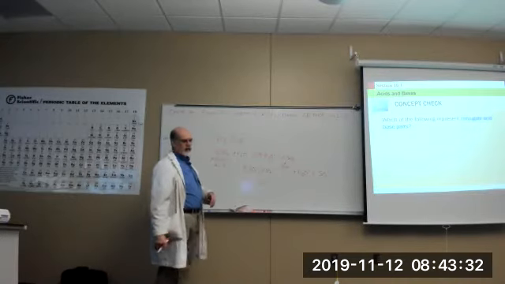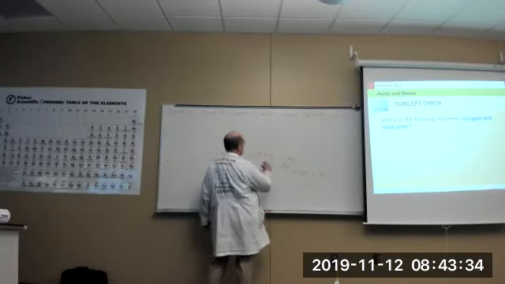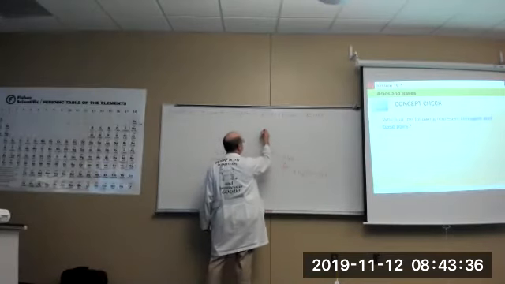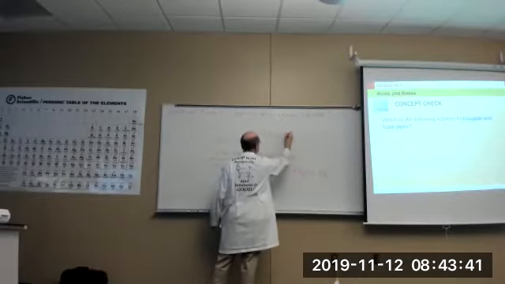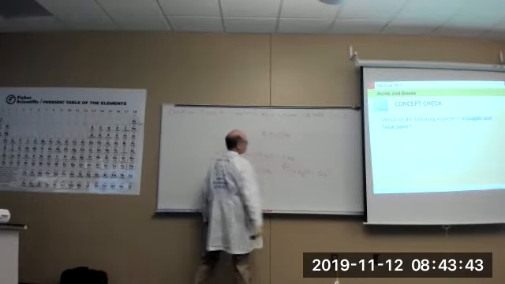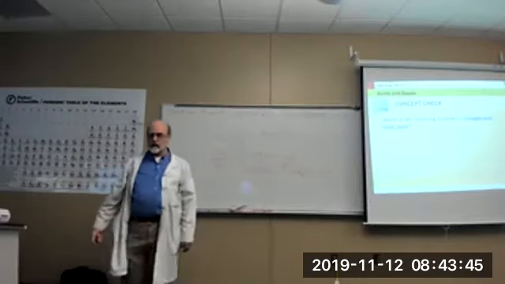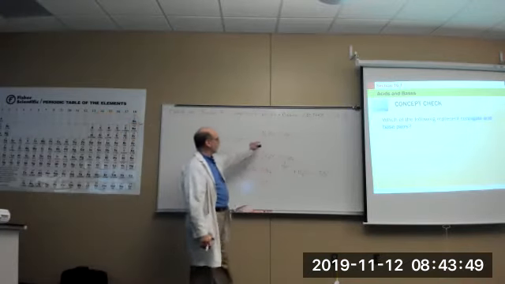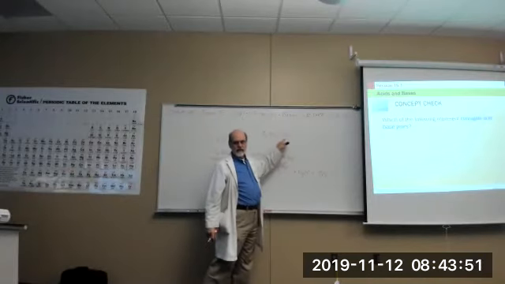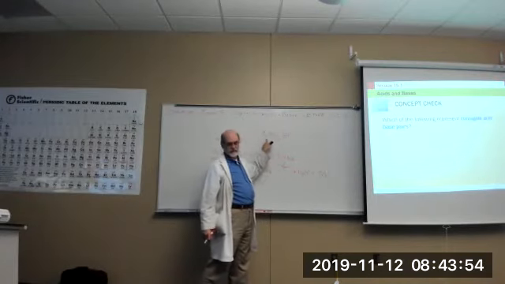If you see a question on a test and it asks you something like, is this a conjugate acid-base pair? Your answer should be no. Because you lost two protons to go from here to here. That is not the conjugate base of this acid.